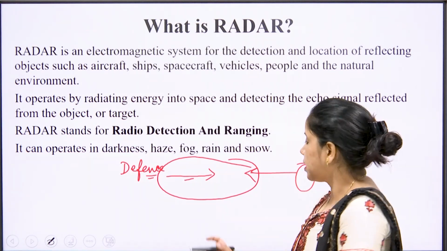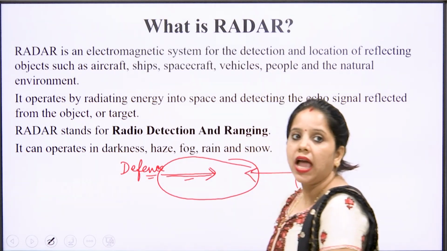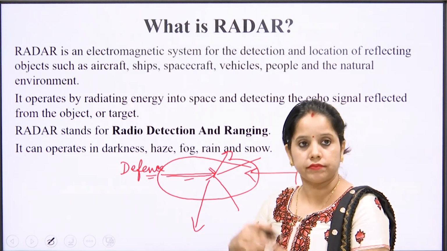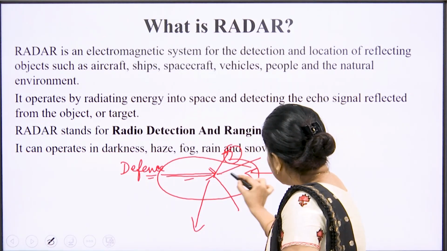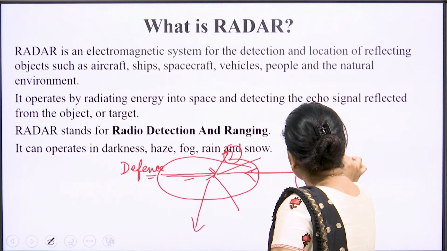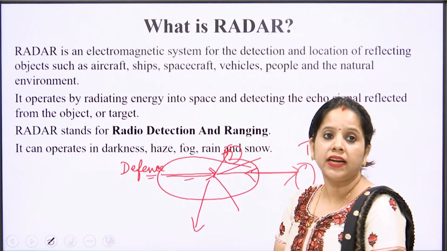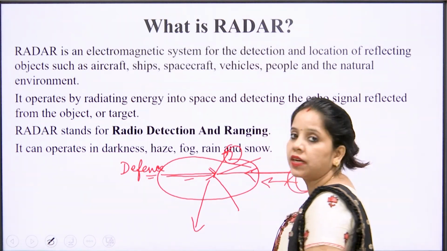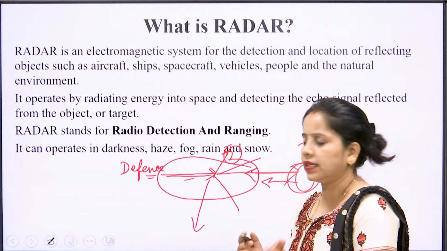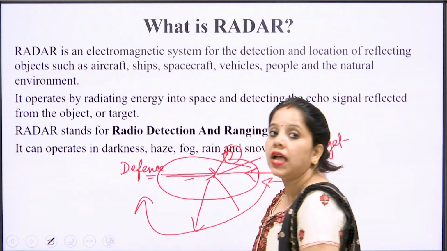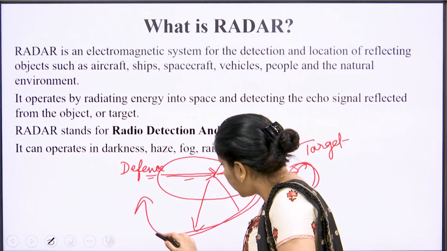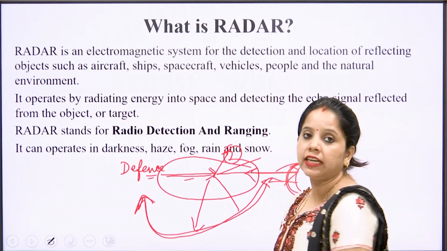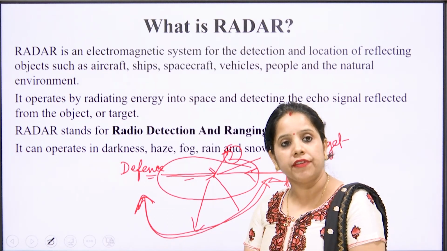What does it mean? Whenever some signal is transmitted from the radar, it is transmitted in all directions, and whenever it gets in contact with the target, of course, whenever any obstacle comes in the path of any signal, some signal gets reflected back, and this signal is again received by the radar for detecting whether the target is present and where it is present.